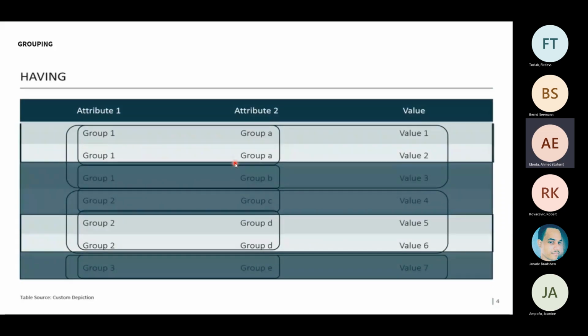For example, we might want to get only the results for the groups that contain 2 rows. Here, we will add a HAVING condition to the query to return only group 1 and group A, as well as group 2 and group D.